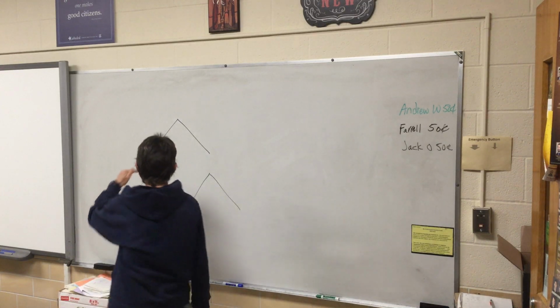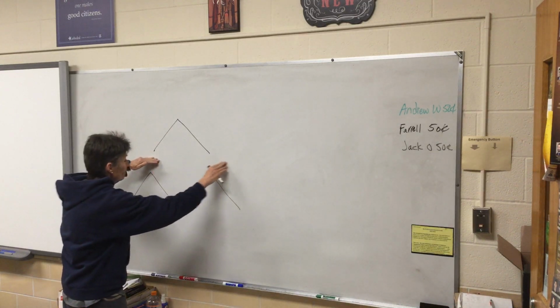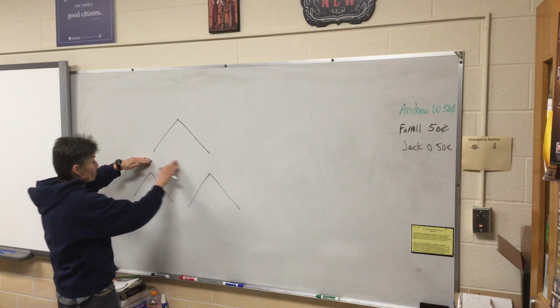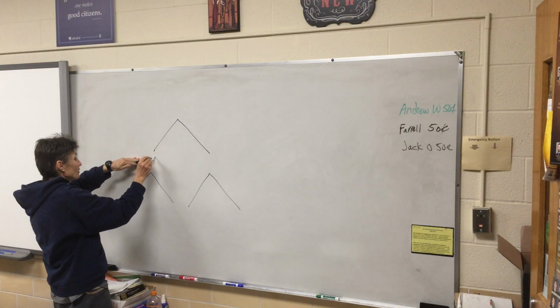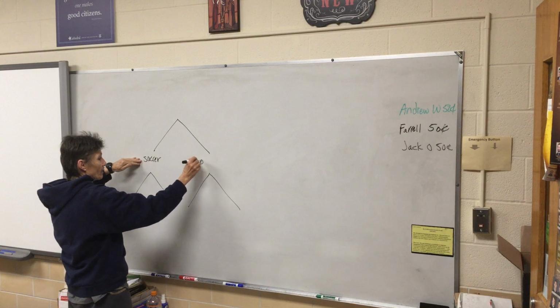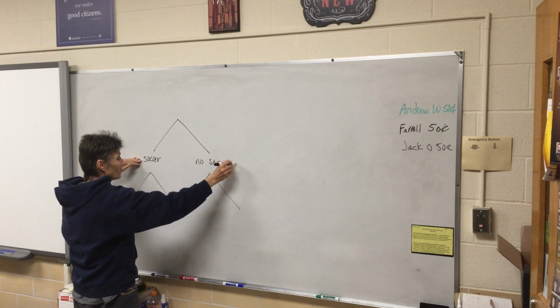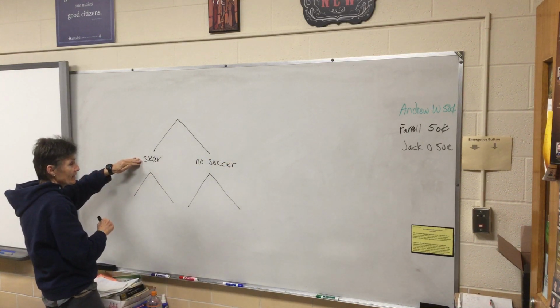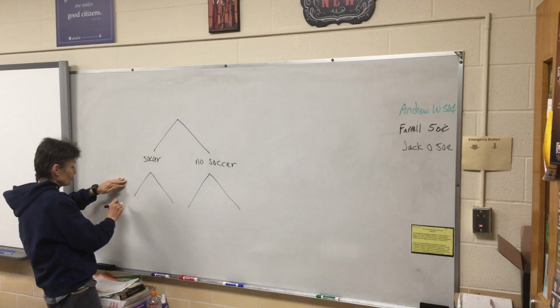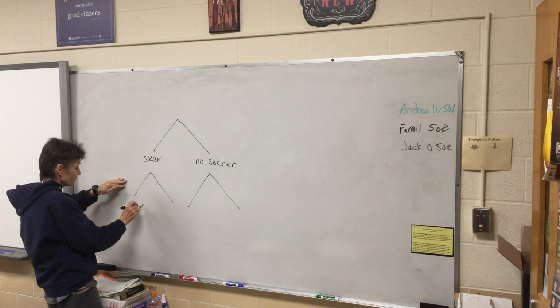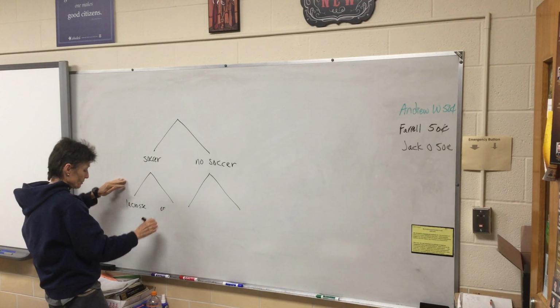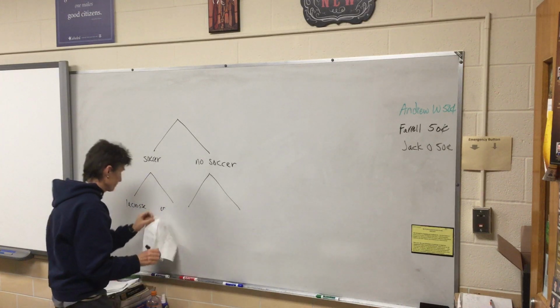Does anybody know what came first? What do I put on the first level here? Soccer. Yep, so soccer or no soccer. So the kid's either going to play soccer or he's not. And then he's either going to do lacrosse or no lacrosse.